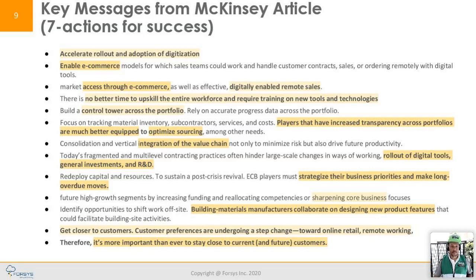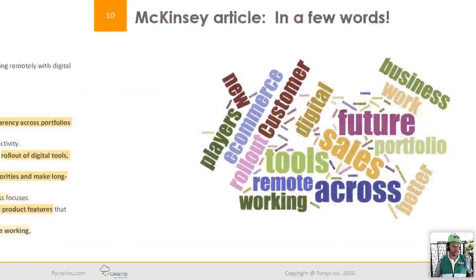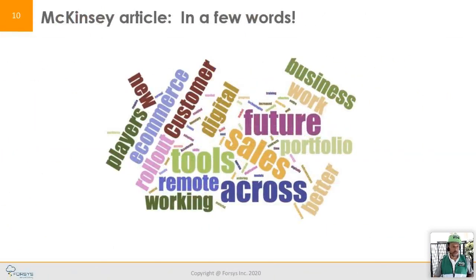All right. So I like to do crazy things like word clouds. So in a summary, if you look at the actual digital transformation context, these are the key messages that came out of the McKinsey article. It's all about the future. It's about managing your portfolio, working across lines of business.